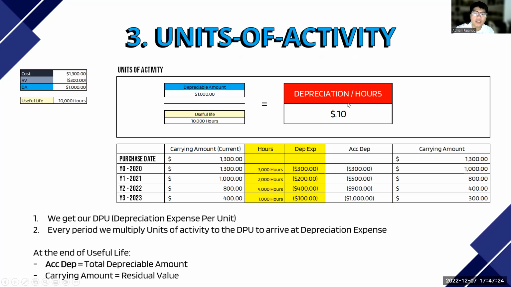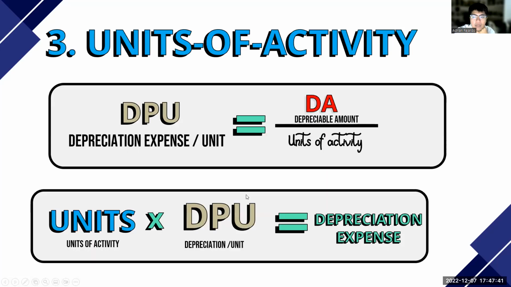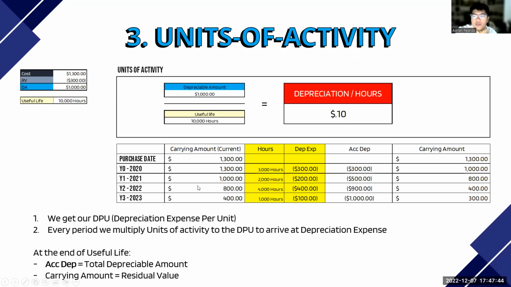So in DPU or in units of activity, what's important each year is not how much time has passed, but how many hours you put in. So in year 1, 3,000 hours, 2,000 in year 2, year 3, 4,000, and then year 4, 1,000. And in total, if you add 3 plus 2 plus 4 plus 1, that's 10,000 hours.